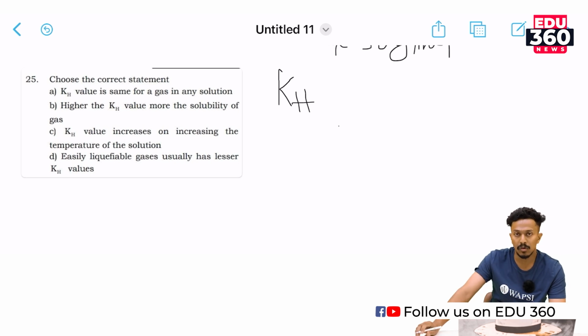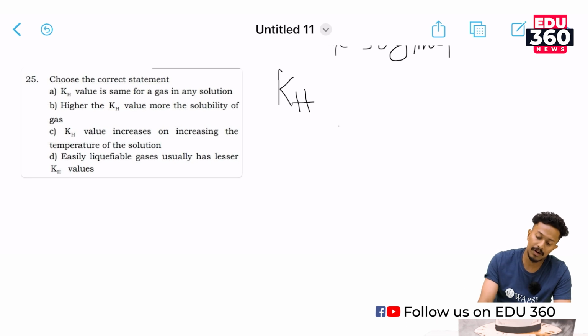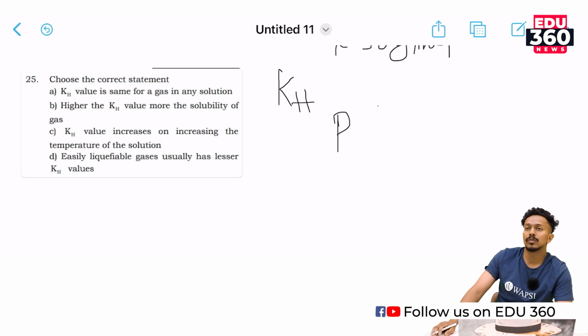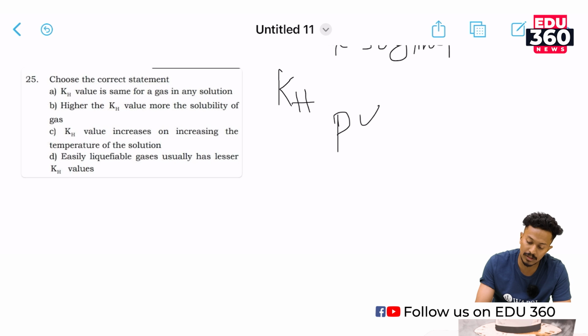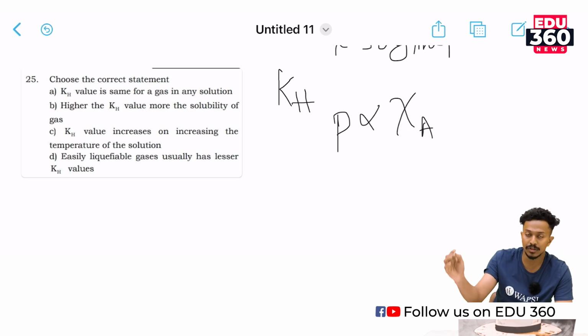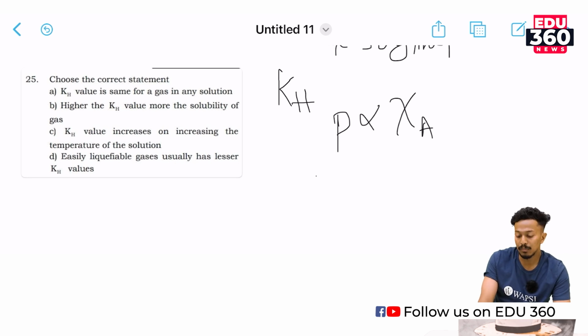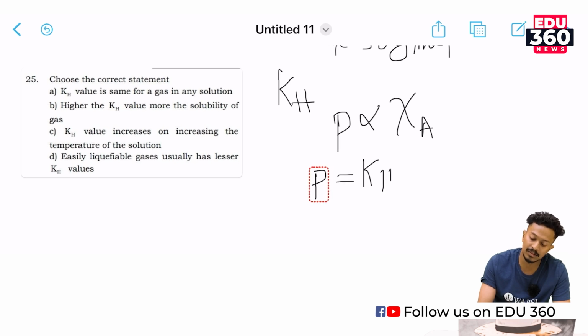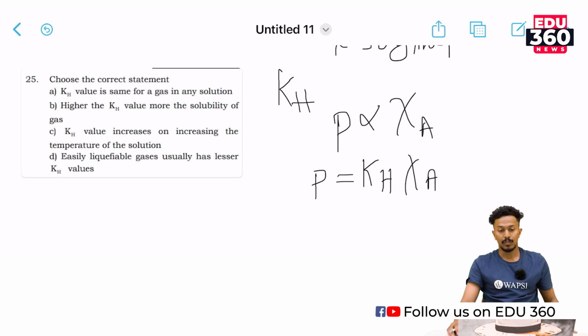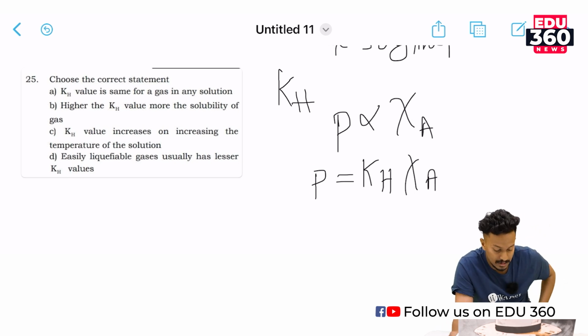Before knowing Henry's constant, we have to find out what is Henry's law. The pressure applied on a substance or a solution is directly proportional to the mole fraction of its constituents. Am I right? Yes. To remove this proportionality, we introduce a constant called Henry's constant, KH, equal to p by chi. So which is the correct statement?